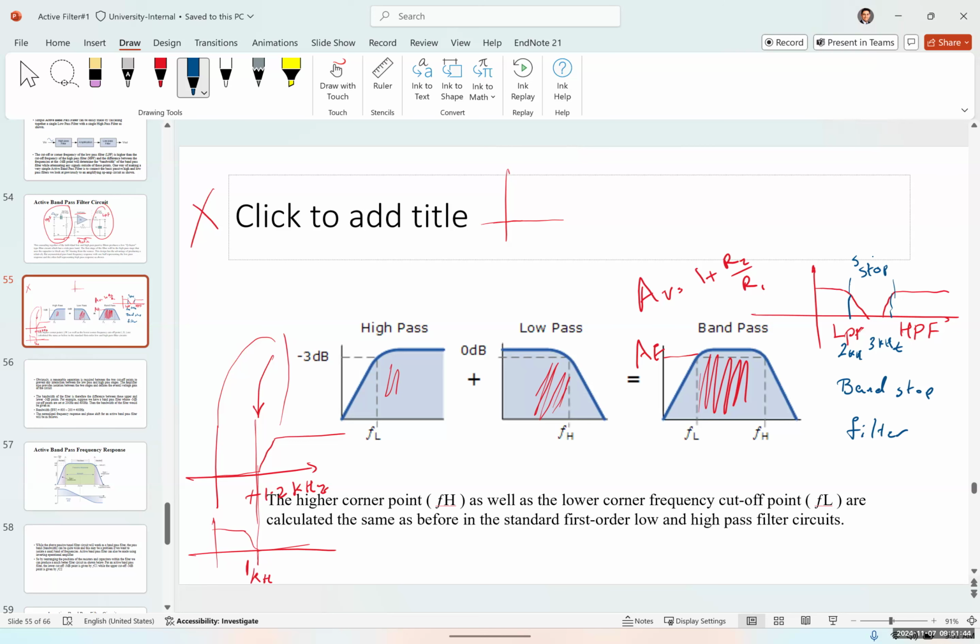Another application is that imagine you're on an airplane, you're using an active headphone with an active filter, and that filter could filter out the engine noise from the airplane. So you're going to hear every other sound, but you're not going to hear the engine noise.